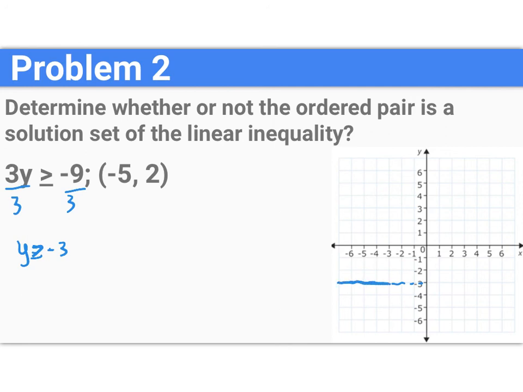It's a solid flat line at -3. So is (-5, 2) in the solution set? Yes, it is. Because it's greater than or equal to, so that means all points above the line. And let's put (-5, 2) in a different color. So all points above the line.